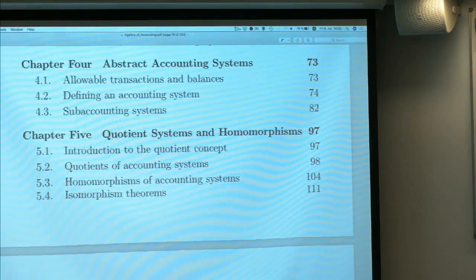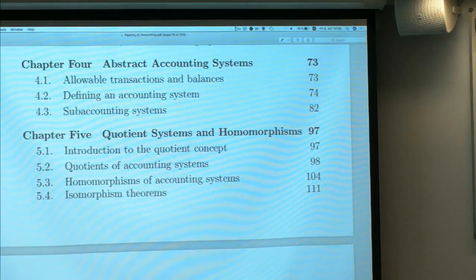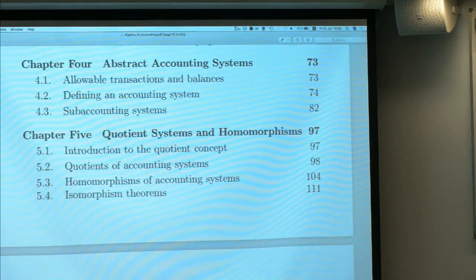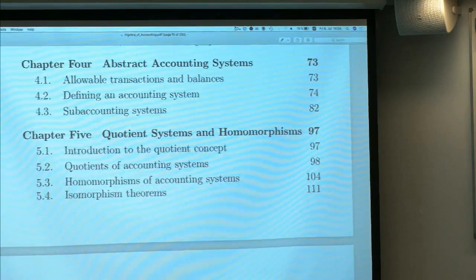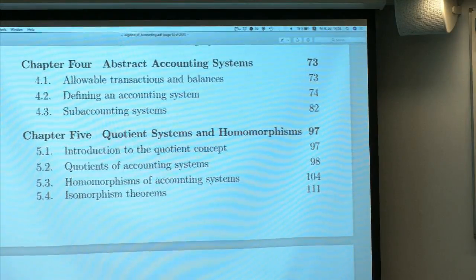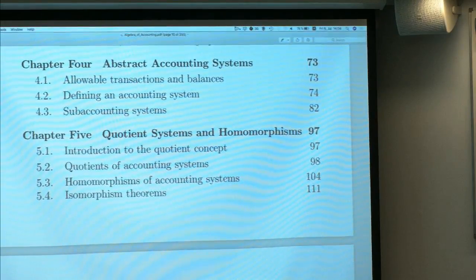So an accounting system is now a set of accounts, and the cardinality of this set is just, in this example, n, right? Or n plus 1. Actually, they always start at 1 here. Let me also start at 1. So a set of accounts, or we could also just say a natural number.